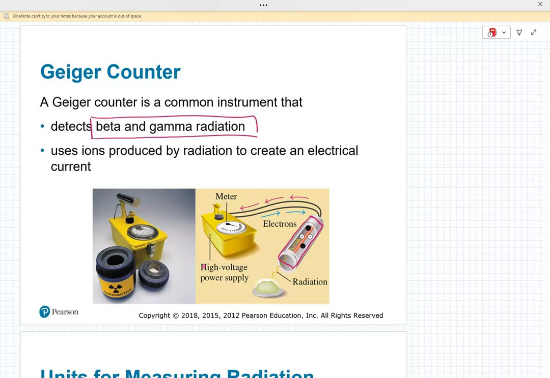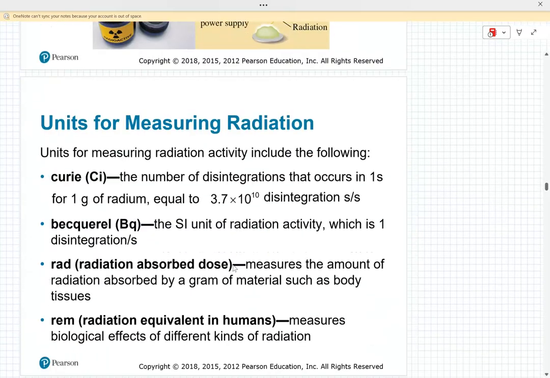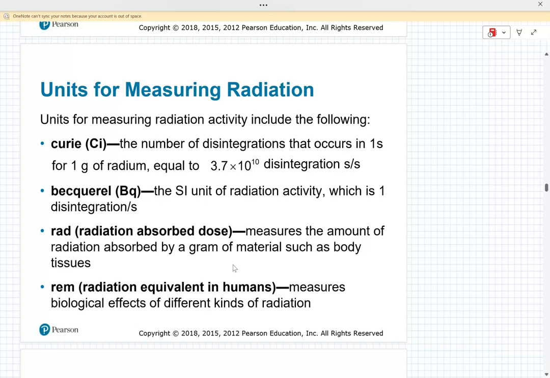And these charged ions are registered by the counter. Okay? Good? Does that make sense?